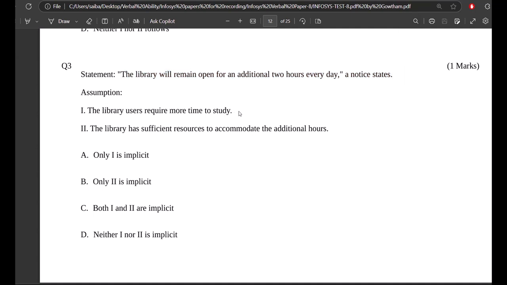So we cannot assume something that is not given in the statement. So assumption one is not implicit. The second one is that the library has sufficient resources to accommodate the additional hours. This information is also not stated in the given statement. So neither one nor two is implicit.